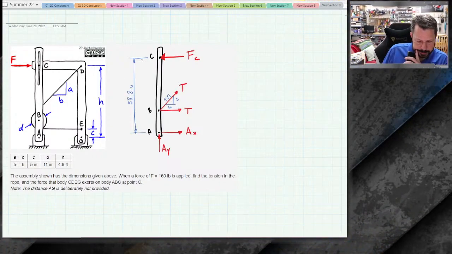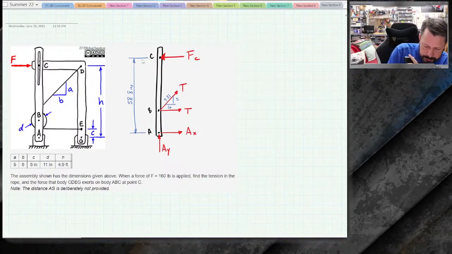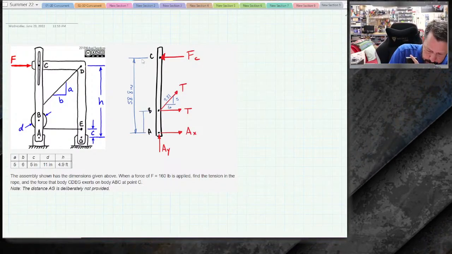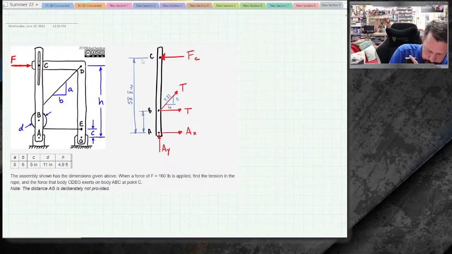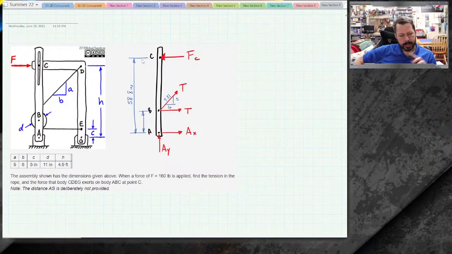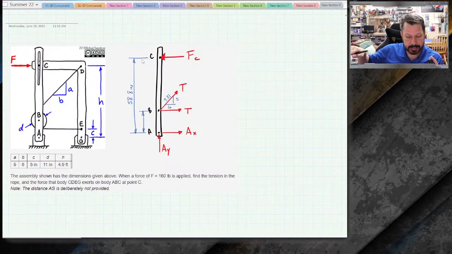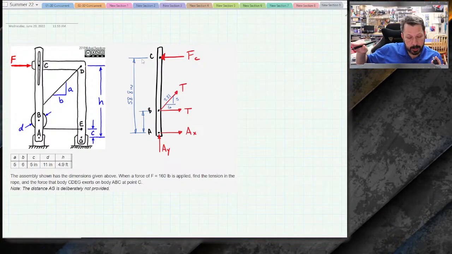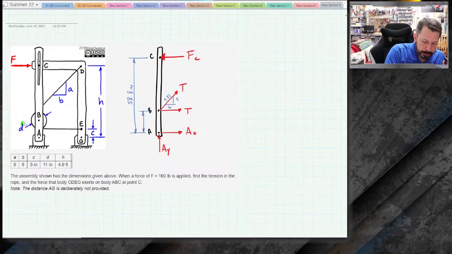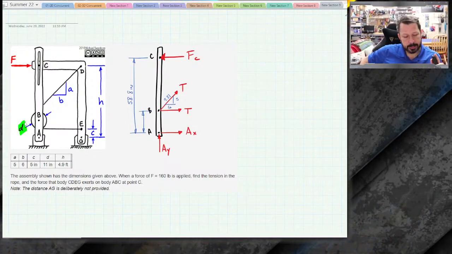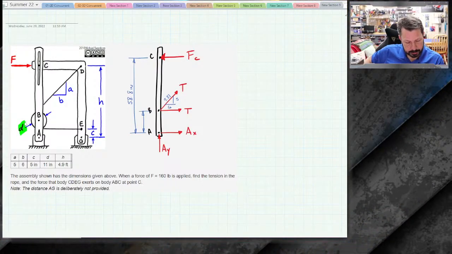And it tells me, well, it doesn't tell me directly, but I can figure out this dimension from A to B. A to the bottom of B, where the cable comes off, is dimension C, so that's 5 inches. And then it tells me that the diameter of this pulley is 11 inches.